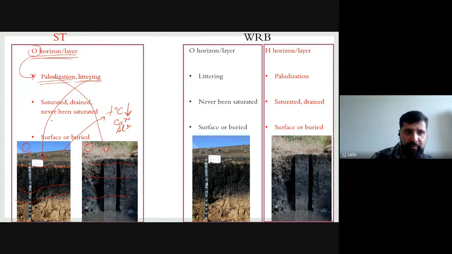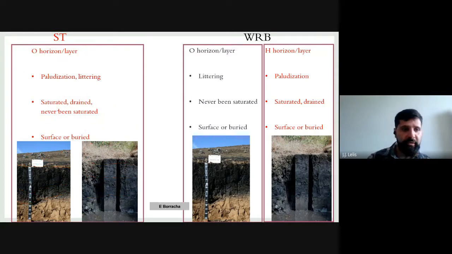This horizon or layer could be saturated by water, could be drained by man, or could never have been saturated. The O horizon is always identified at the surface, or it could be buried. So we can identify it in the surface and subsurface of a soil profile, because what defines an organic horizon is the content of organic carbon and the color.